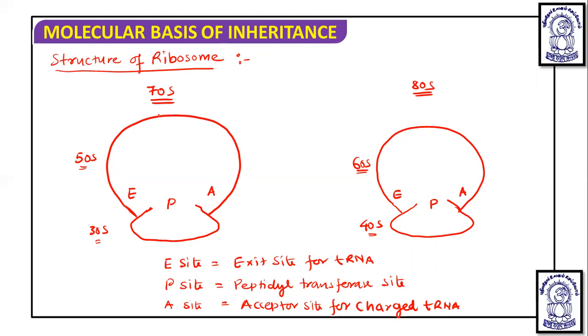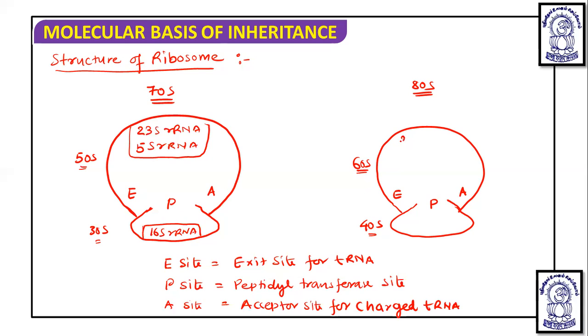We know that in the 50S subunit, 23S rRNA and 5S rRNA are present. These are present in the large subunit of the prokaryotic ribosome. And 16S rRNA is present in the 30S subunit of the prokaryotic ribosome.